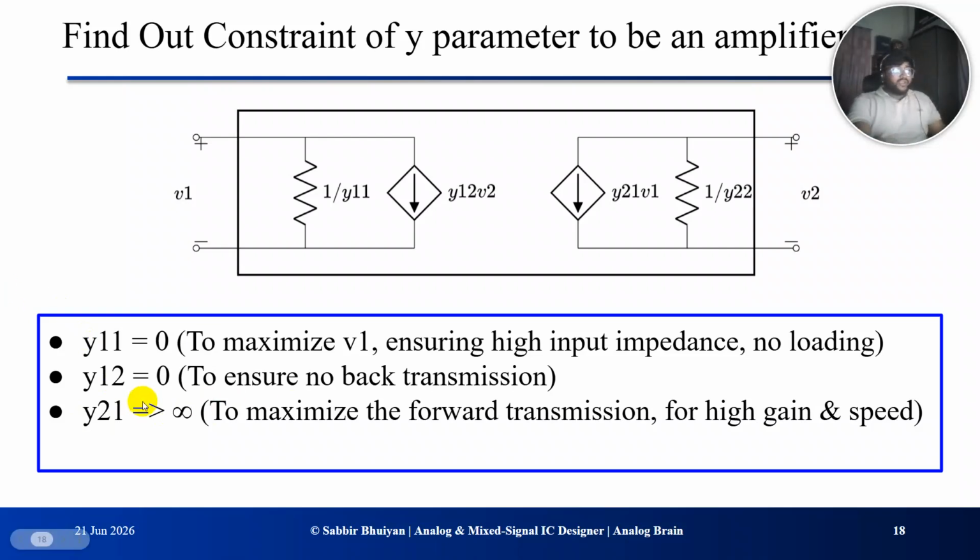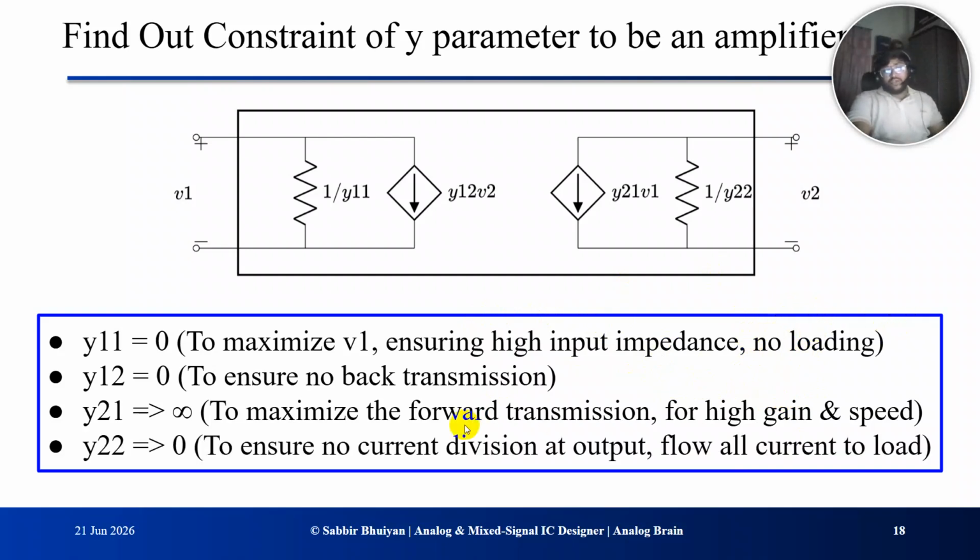Basically this Y21 is nothing but your gm for the MOSFET. We are talking about any device, so we are generalizing, not only for a MOSFET. But if you think of a MOSFET, then Y21 is your gm, and Y22 is nothing but your gds, so 1 by Y22 will be your rds. Y22 equal to 0 guarantees no current is diverted at the output.